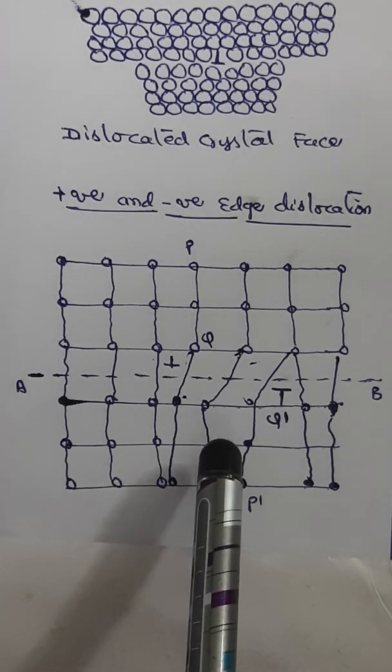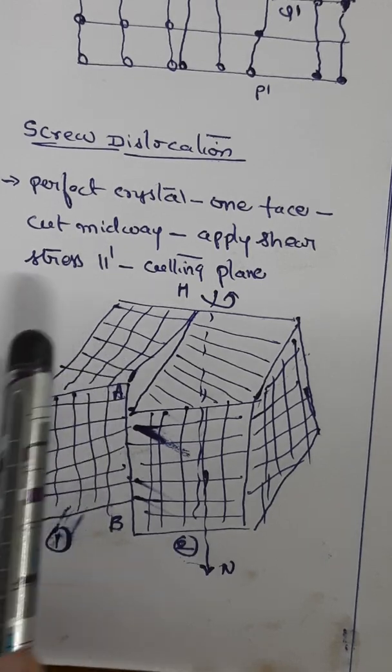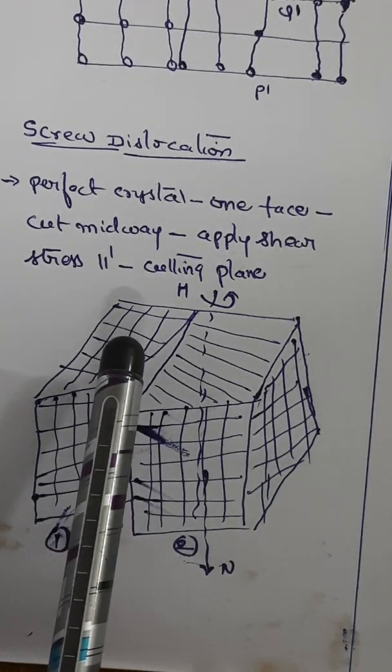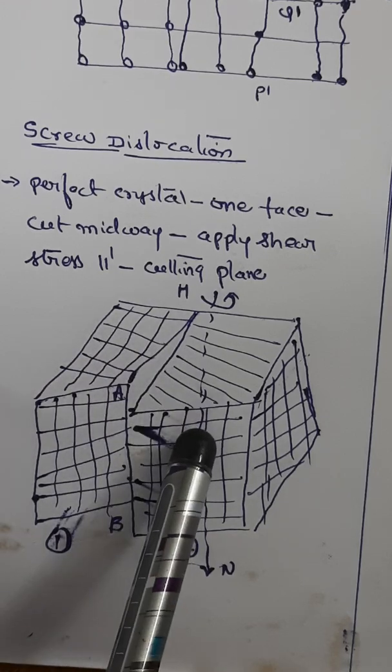Now let us understand screw dislocation. Consider a perfect crystal having a regular periodic atomic arrangement.